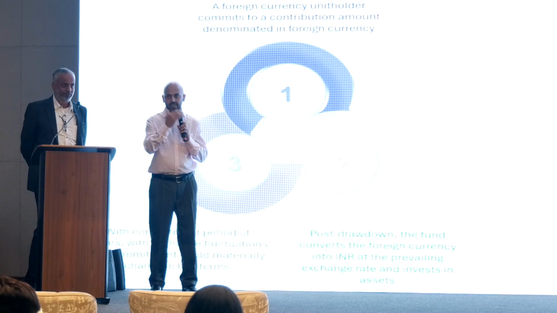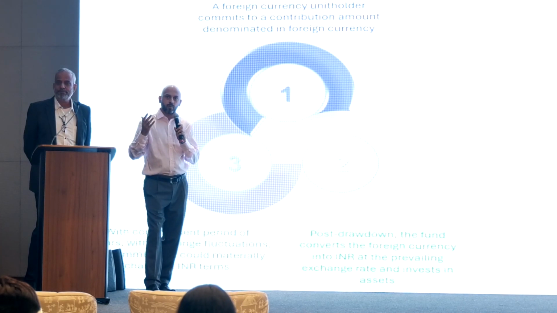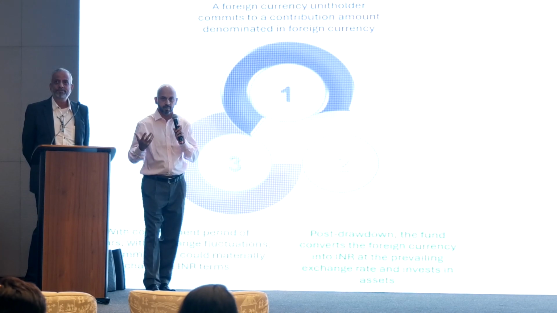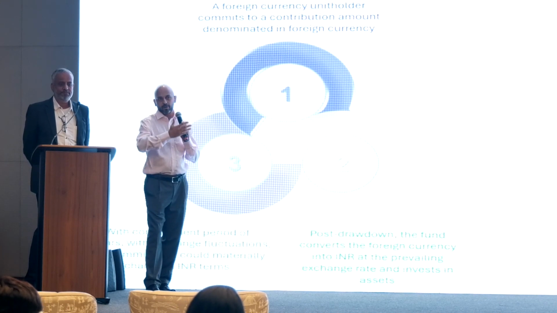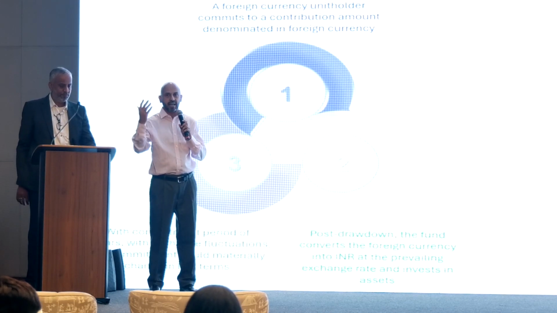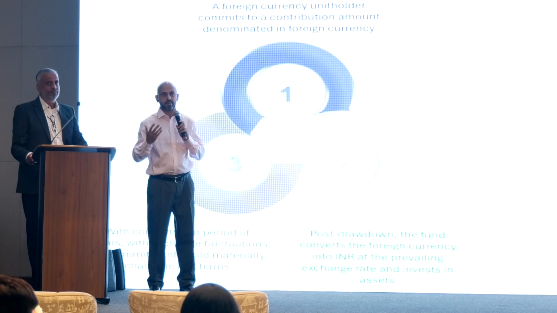which is how we have constructed the case study, you start the journey with a foreign currency unit holder making a certain commitment, and the drawdown, meaning the actual deployment of the funds, could happen at a later date. And in the interim, you could have the exchange rate move substantially.